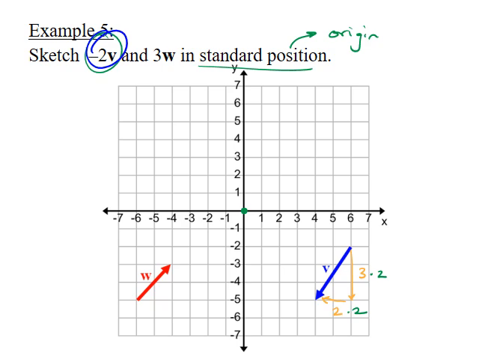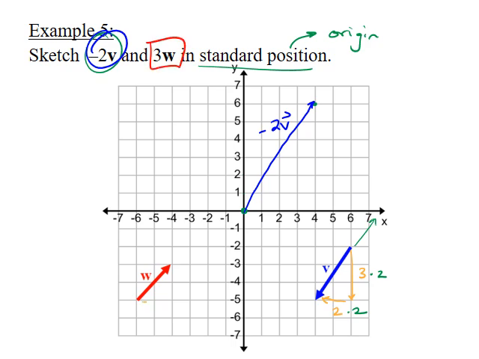So instead of pointing downward, it's going to end up pointing upward. So from here, I'm going to go up 6 units and to the right 4 units. So this here will give me negative 2V.